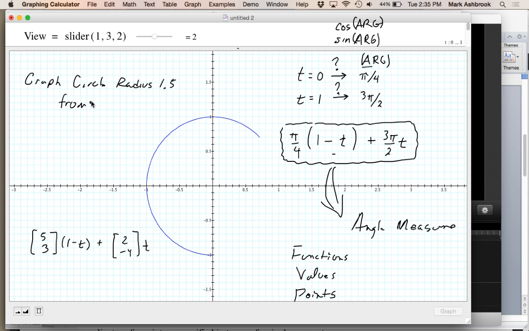But only the part that goes from, what did I say? 3 pi over 4 to... What is the top of the circle? 5 pi over 2.